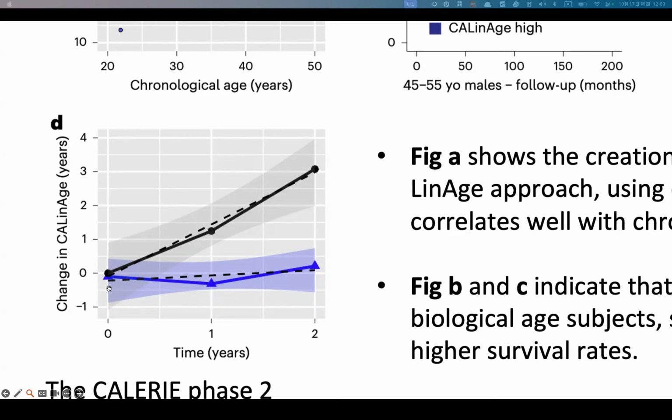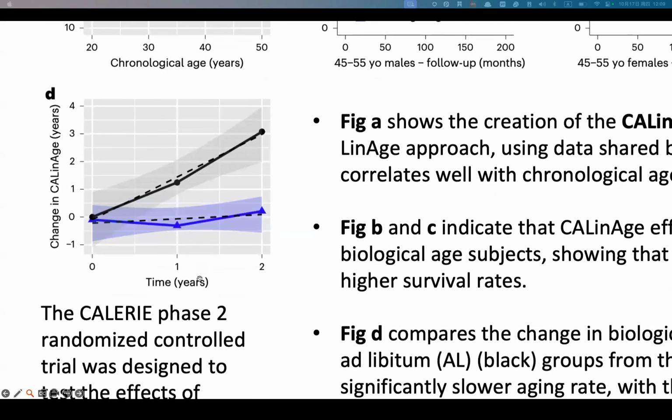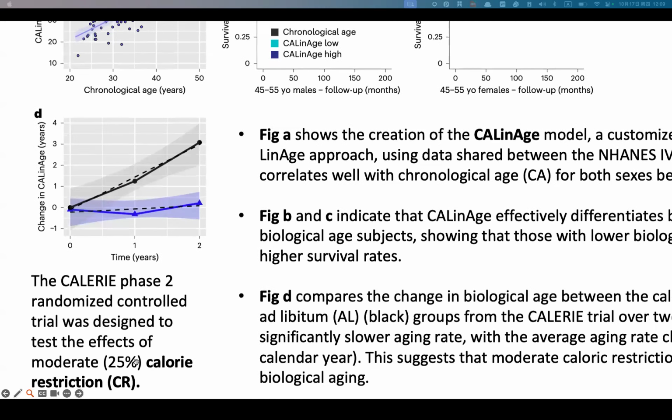You can see the results of this experiment. The red line is the group designed to test the effects of calorie restriction. You can see that it stops the age increase, but the black line is very close to the chronological age.